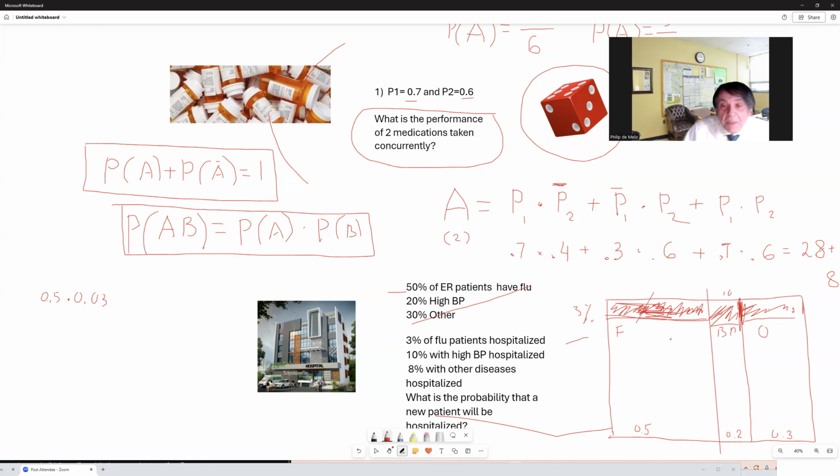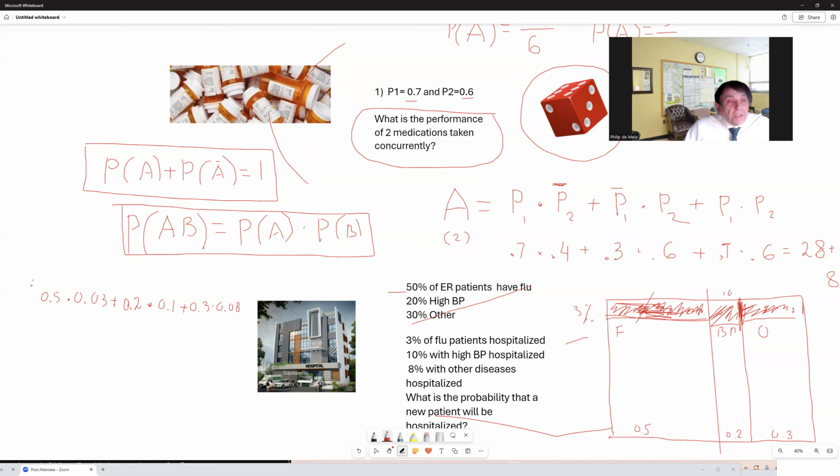Now this one, it is 0.2 times 10%, which is 0.1. Plus this area would be 0.3 times 8%. 8% will be 0.08.